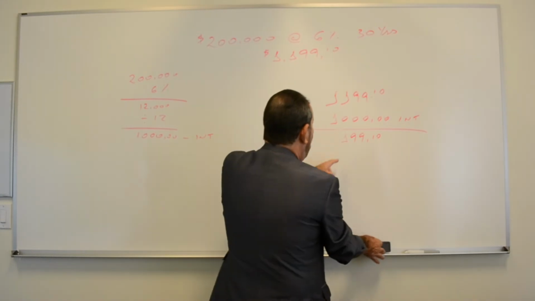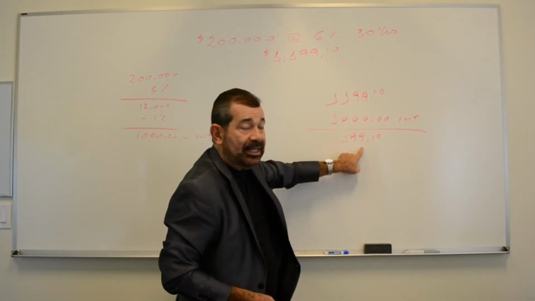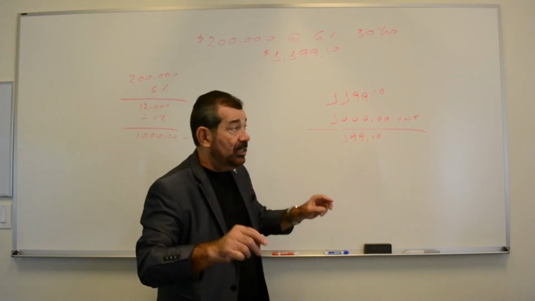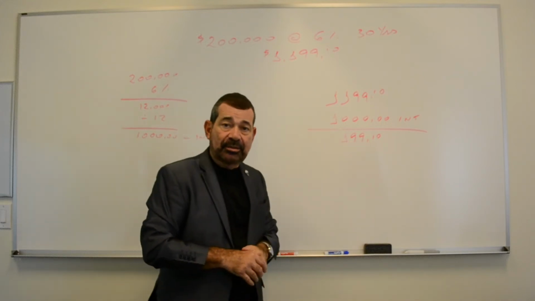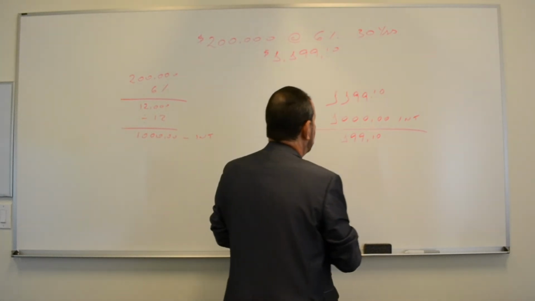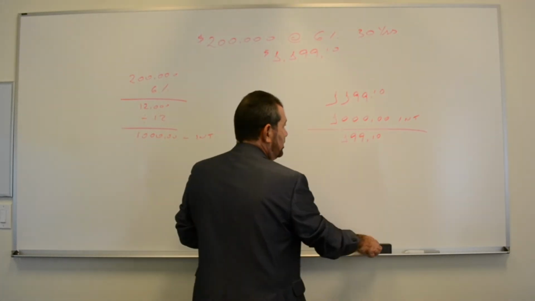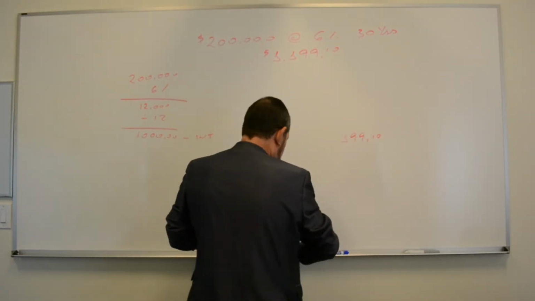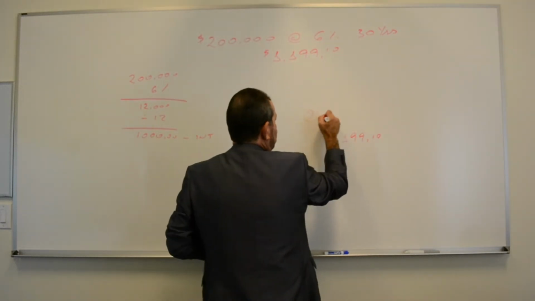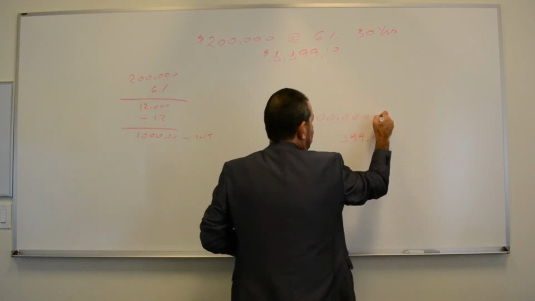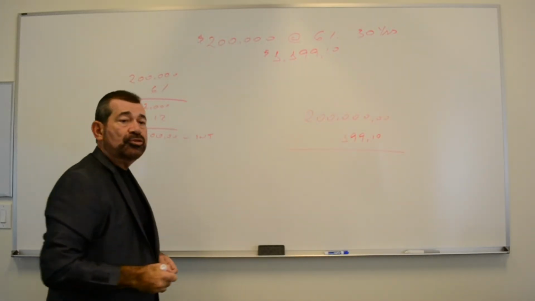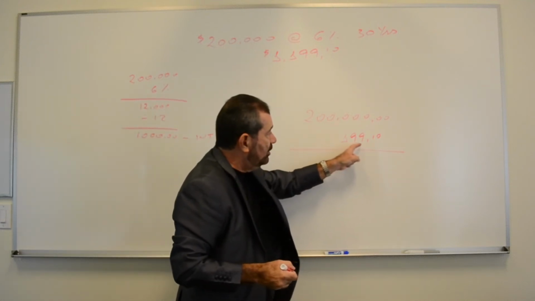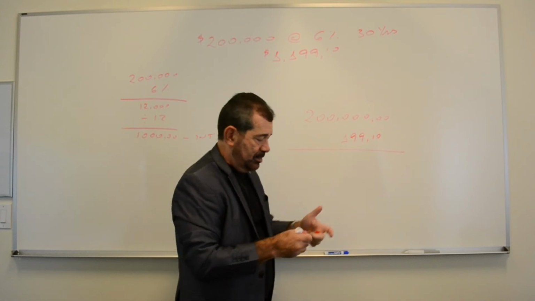Now, we know that $199.10 we amortized, which means on the second month, my balance is not $200,000 anymore. So we do it here. I'm going to erase this because we already know how much it is. And I'm going to put my balance, which is $200,000, and I will subtract it by $199.10.